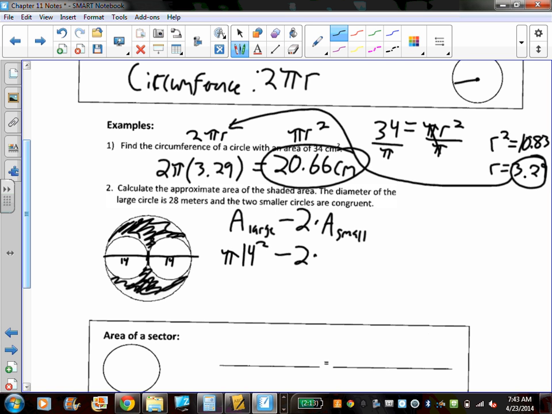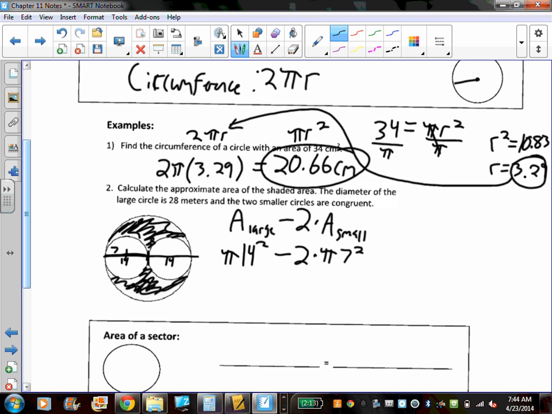If the diameter of the small circle, which is half of the diameter of the big circle, is 14, that means that the radius of one of the small circles is 7. So we're going to do 14 squared times pi minus 2 times pi times 7 squared.